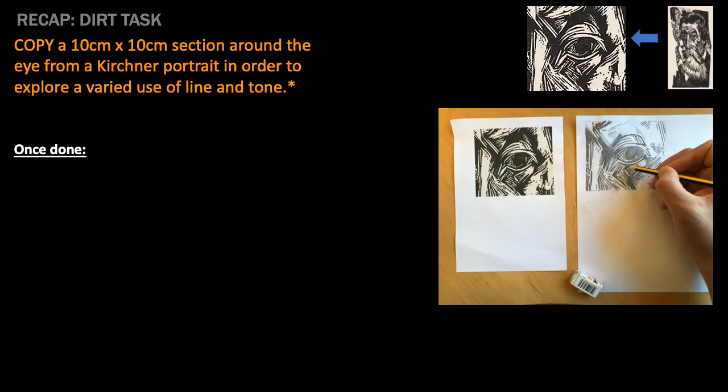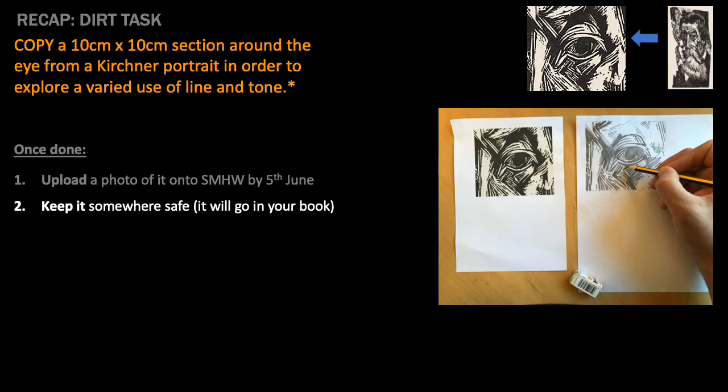Once you've got your 10 by 10 centimeter section copied, like I have there, it's not quite finished, that one, but once yours is finished, I want you to please upload a photo of it onto Show My Homework, and that's by the 5th of June, so that's our next deadline, which is the first Friday back after half term. I want you to keep the original somewhere safe, because it can go in your book.